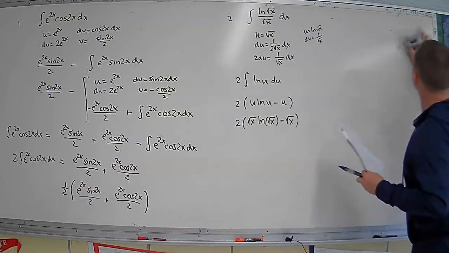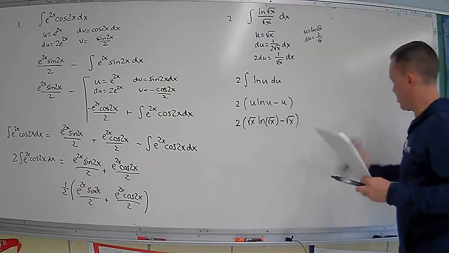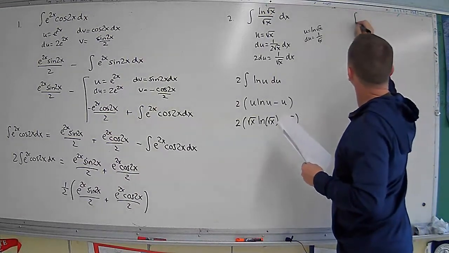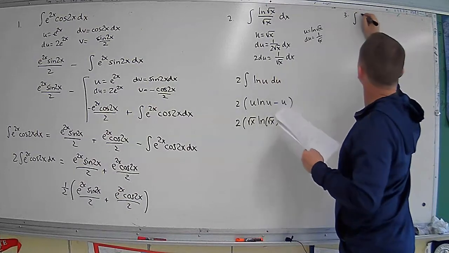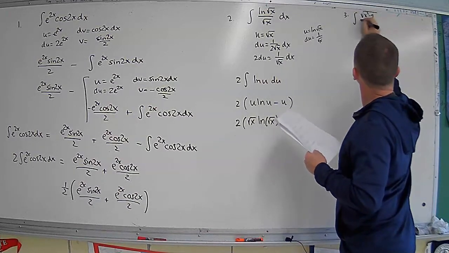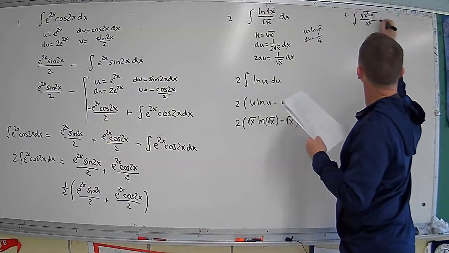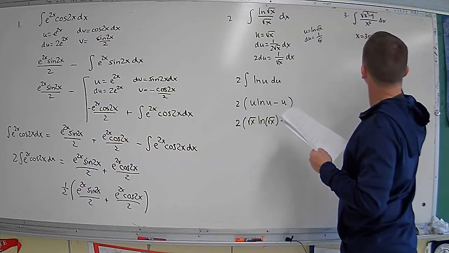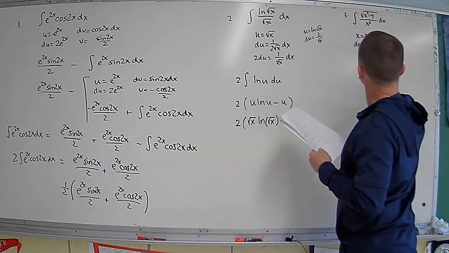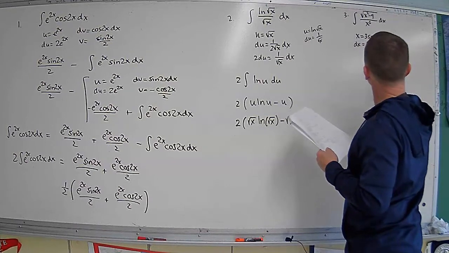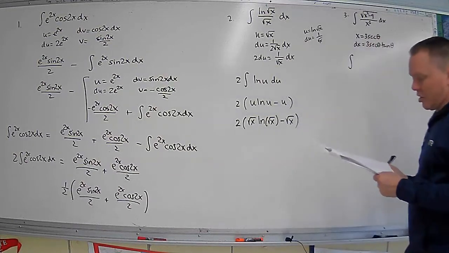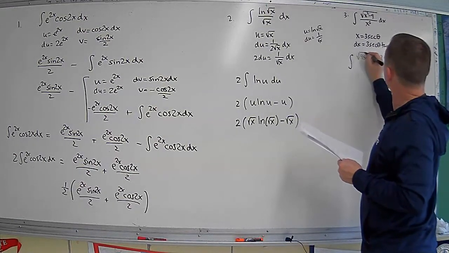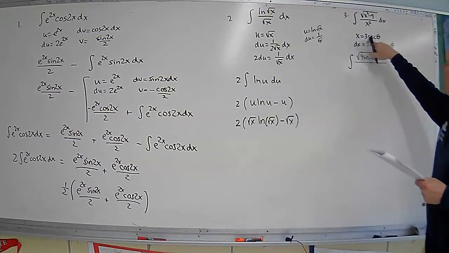Number 3. I think I can squeeze number 3 right here. This one also took up some space. Square root of x squared minus 9 over x cubed dx. So this is a trig sub, so we're going to say x equals 3 secant theta, dx is 3 secant theta tangent theta. So I've got the square root of 9 secant squared theta minus 9 over 3 secant cubed.